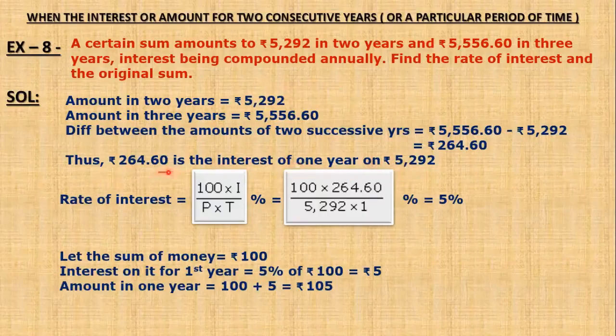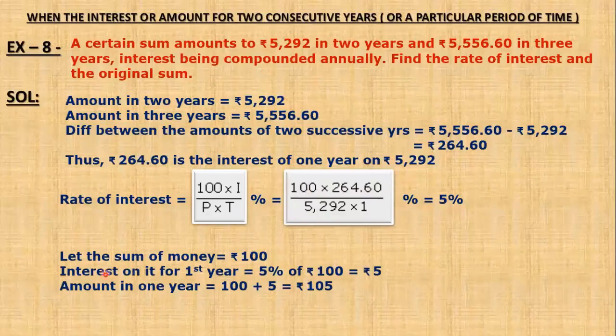So for the rate of interest, we will use the formula 100 into I upon P into T, is equal to 100 multiplied by interest, which we have got here, rupees 264.60, divided by principal, that is 5,292, multiplied by time, which is 1. Then we will get 5%. Now, the first part is over, that is the rate of interest. Now we will go for the second part, to find the original sum.